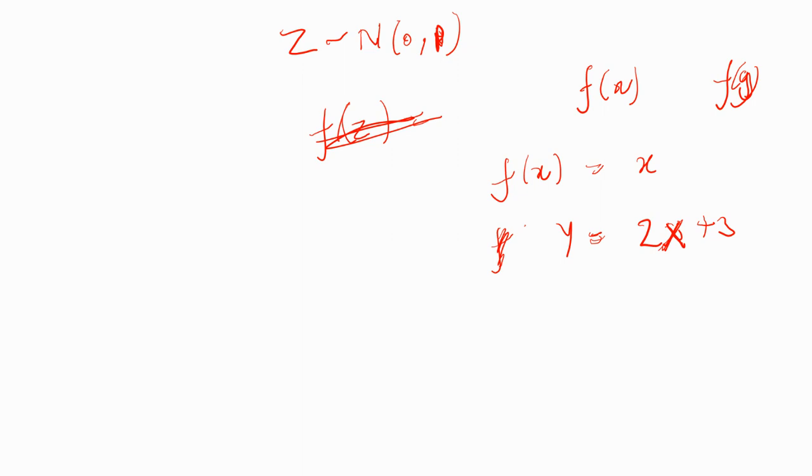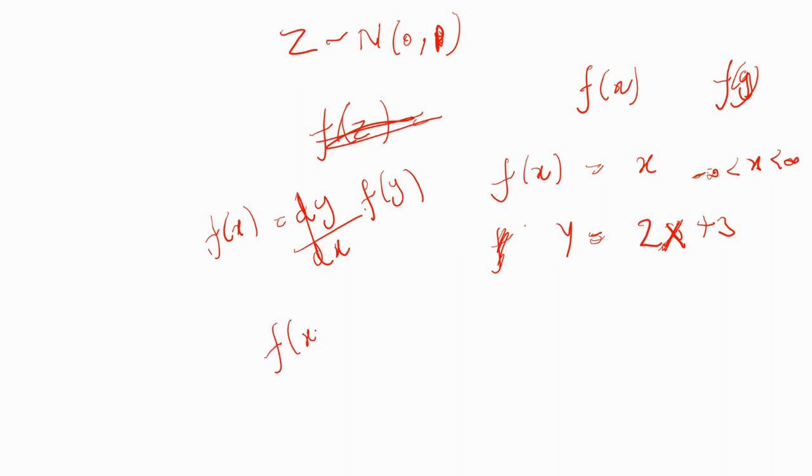Now if we want to find F of Y, let's say x is from minus infinity to infinity. Then the way to find it is, f of x is equal to d by dx of F of Y. If you want to just remember how to do this conversion, it's better to remember one variable on one side.